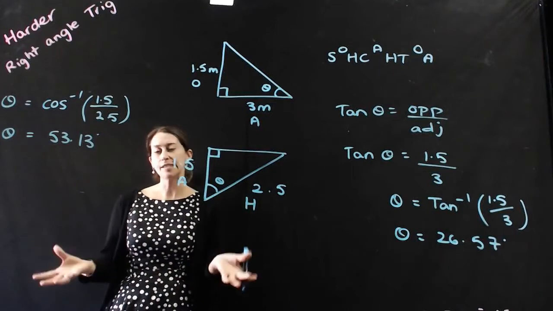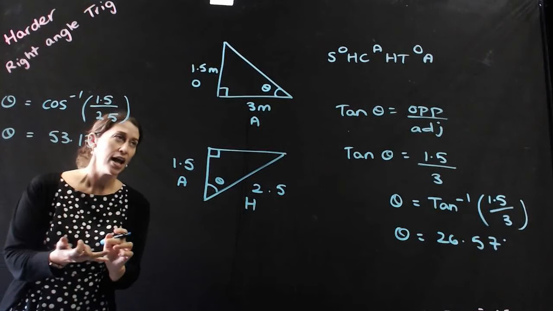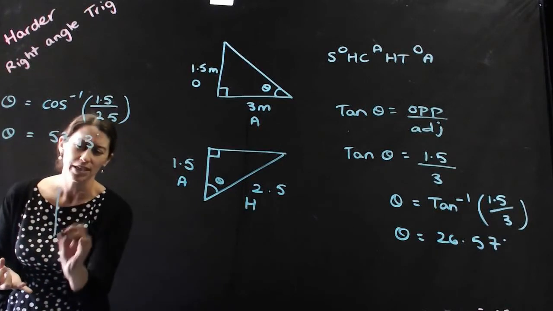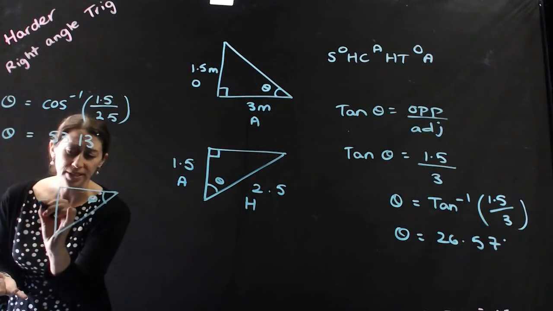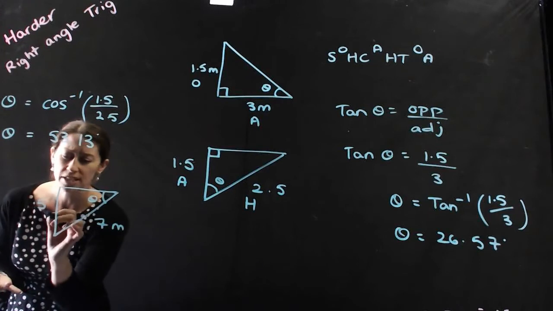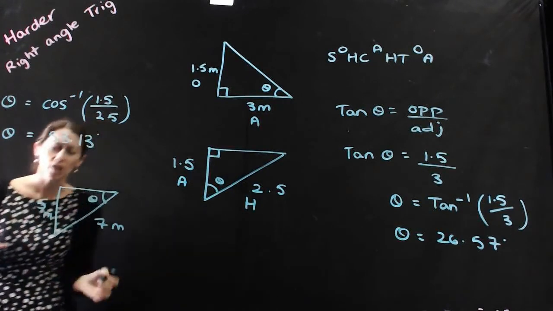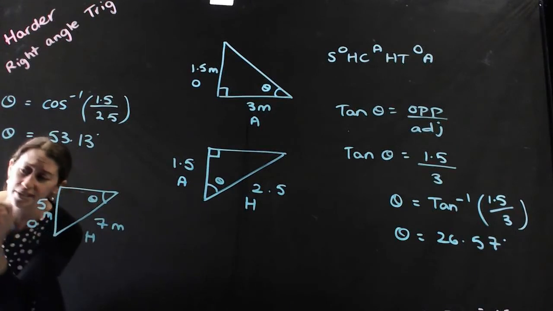Let's suppose you had a sine to use. So in that case we'd have the opposite and the hypotenuse. So let's do an example where we have an angle and we've been given the opposite, say 5, and the hypotenuse 7, say meters for argument's sake. Looking at this, opposite, hypotenuse, I'm going to use the sine function.